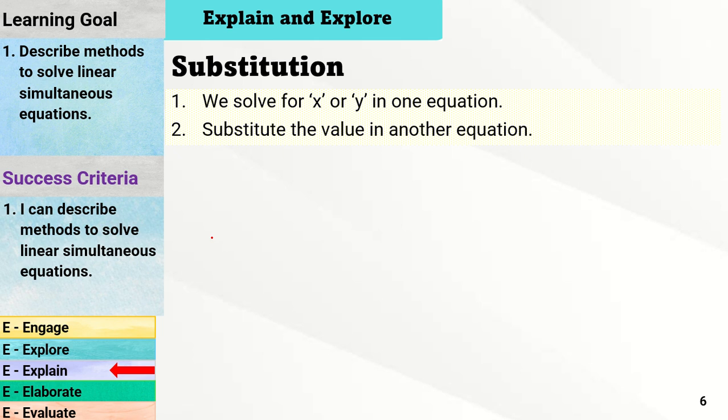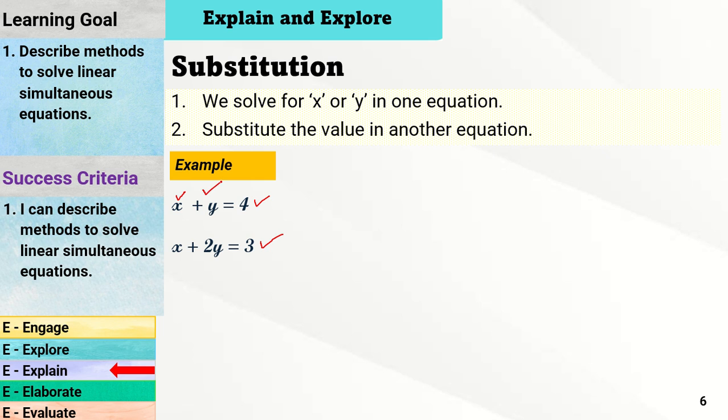Hard, right? Let's understand. You have two equations here: x plus y equals 4 and x plus 2y equals 3. You can take any equation from here and solve it for either x or y.